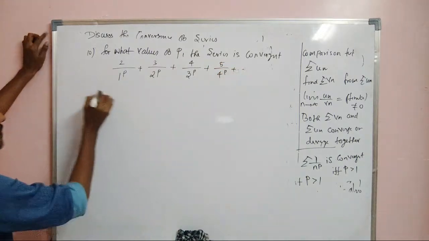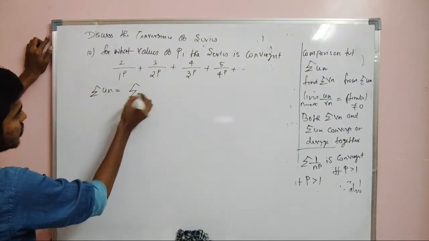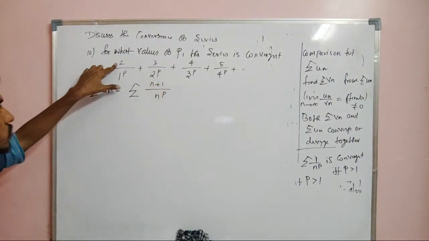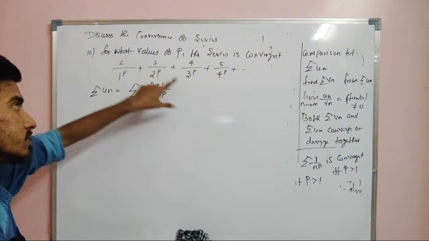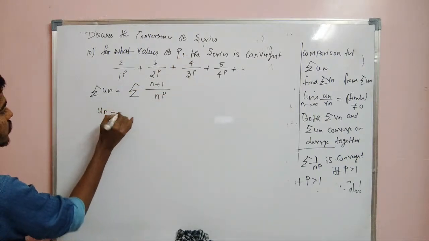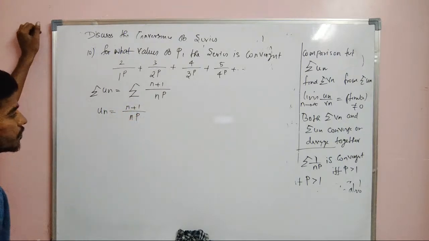You can clearly see the series summation un, where un is n plus 1 by n power p, right? So if n is equal to 1, you will have 2, for 2 here you will have 3, for 3 you will have 4. So our un is n plus 1 by n power p.